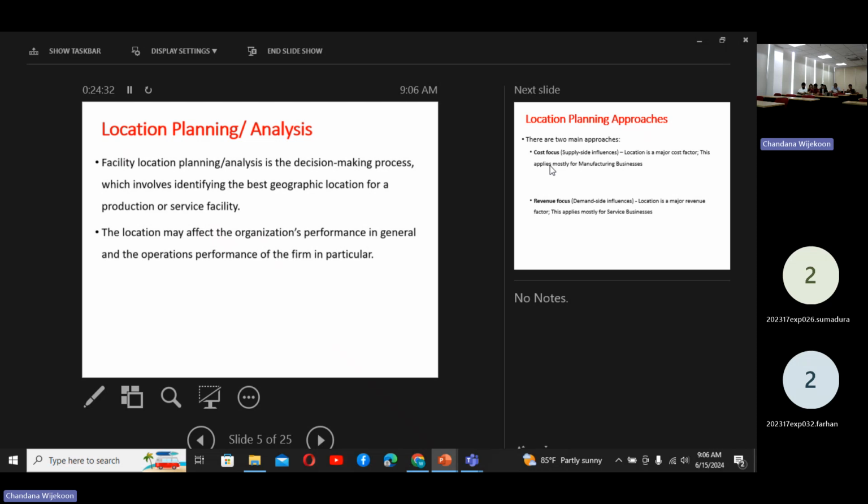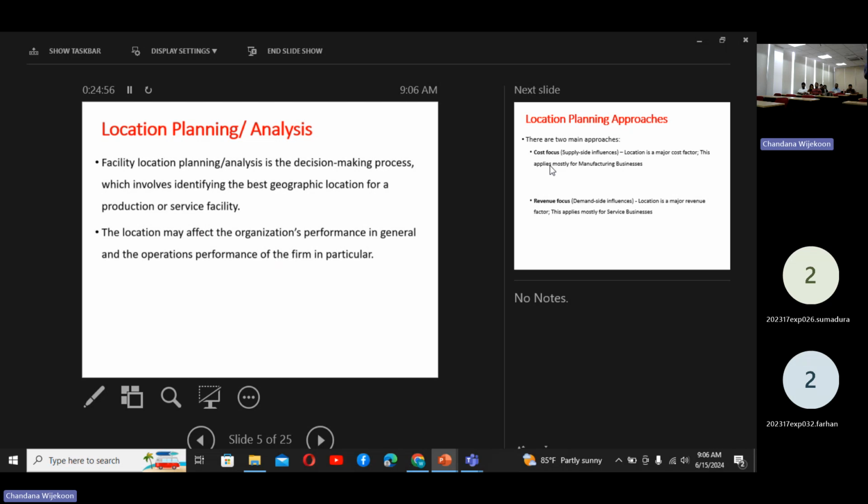This decision, where to operate from, may affect both operations performance as well as the overall performance of the business. Can we discuss a little more of that?